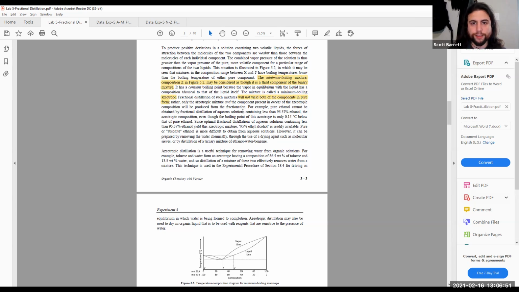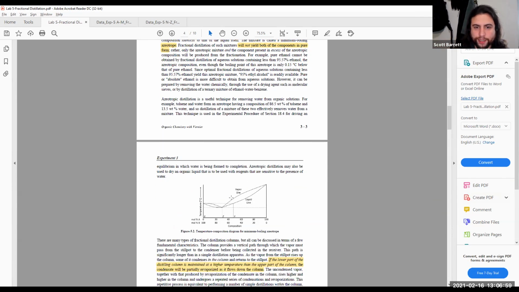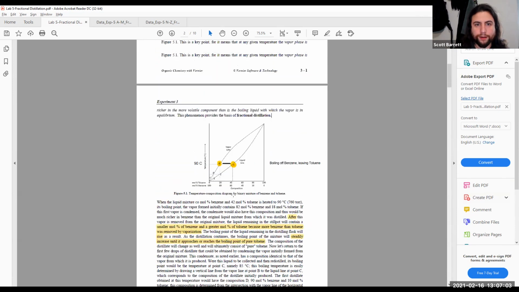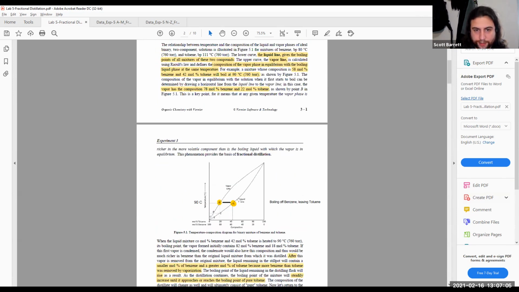As an example, pure ethanol cannot be obtained by fractional distillation of aqueous solutions containing less than 95.57% ethanol, because it's combining with water and having this similar effect. Instead of it continuously going down and down like we had up here with toluene and benzene, it goes from point A to point B, then down to C to D, down to E to F, and then eventually you would have one of toluene and one of benzene.